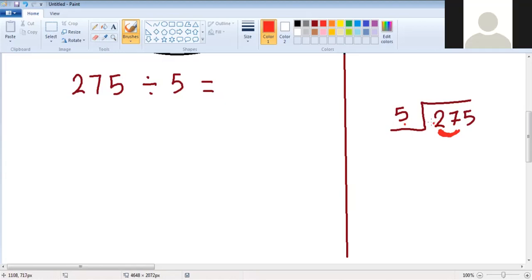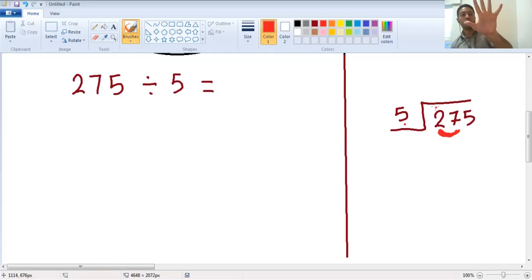You can count by 5 to know. I will count with 5 fingers. Each finger has 5 points.